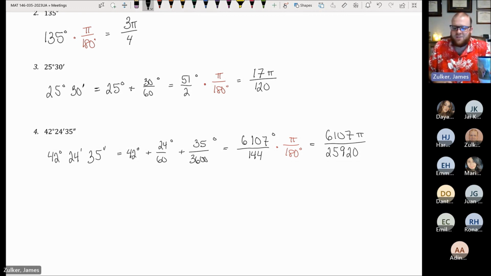That means in radians, our angle was 6,107 pi over 25,920. That cannot be reduced.